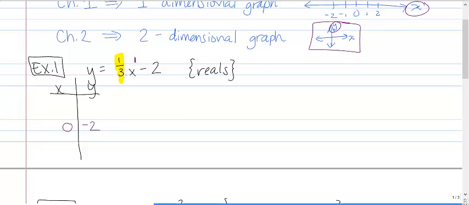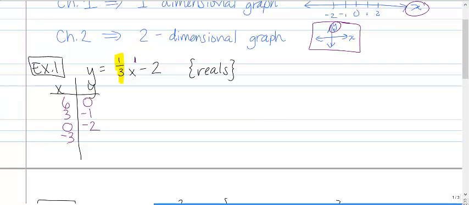Well, the first one I'm going to think of is 3. And it's actually going to be any multiple of 3. So if I have a 3, well, 1/3 times 3 is 1. 1 minus 2 is -1. So basically multiples of 3, so here I go, 6. 6 times 1/3, or 6 divided by 3, is 2. 2 minus 2 is 0. Now let's go the other way. Let's go the negative route.